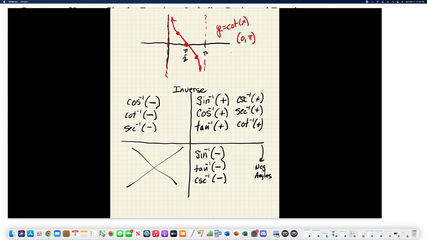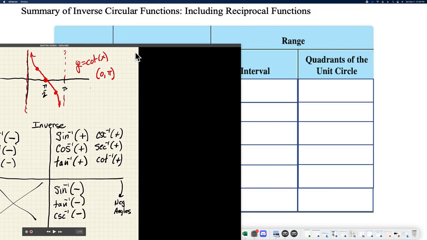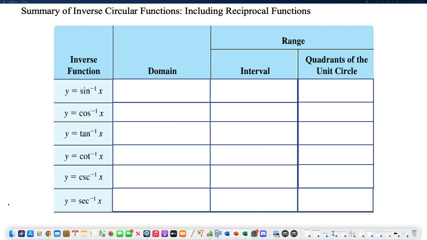No inverse is ever in quadrant 3. So we're never going to go there. So that leads us to building that table. So again, we can reference everything here, but I'm pretty sure we have it all now. So let me go to my table. We'll start filling it in.